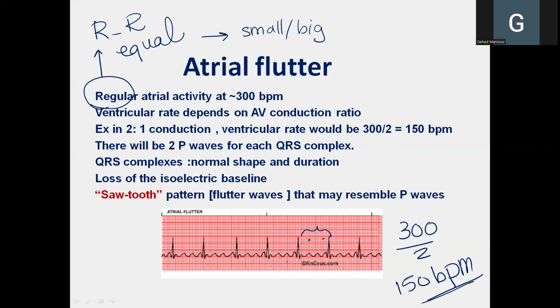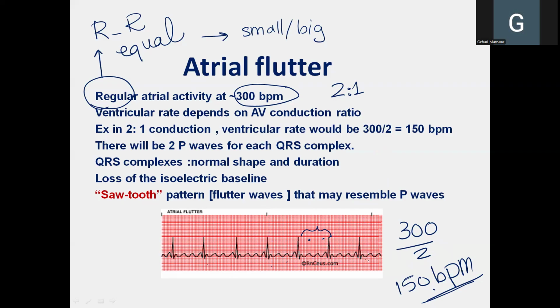Here it is possible to calculate the atrial rate, but it's much easier to mention that we have, for example, let's assume that the atrial rate is 300 beats per minute. Then there was a 2-to-1 block actually, because the ventricular rate here is 150 beats per minute.